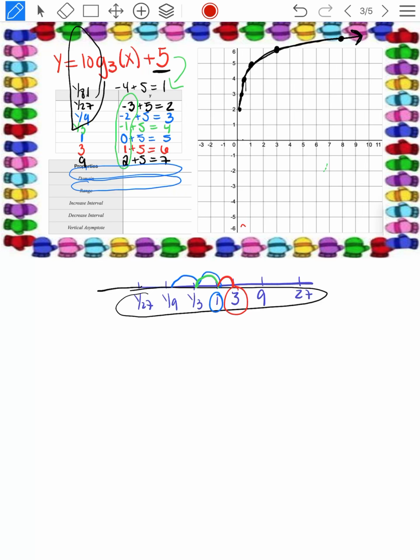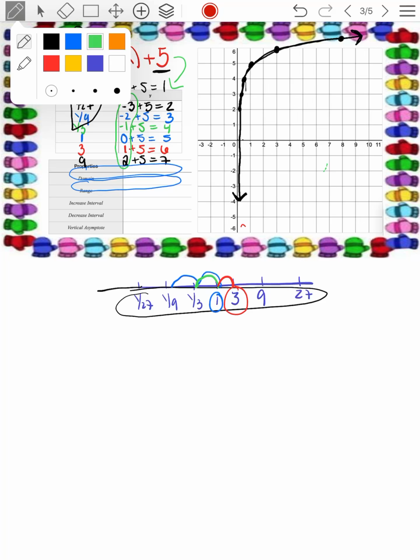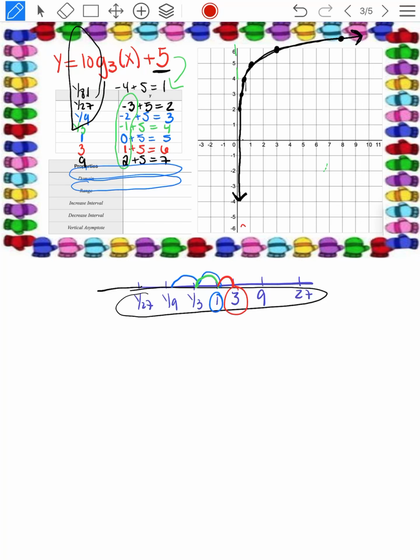And these y values, the number of jumps, are going to get smaller and smaller and smaller. So my graph is going to continue straight down, skimming the y-axis. And that indicates that we're going to have a vertical asymptote at x equals 0.